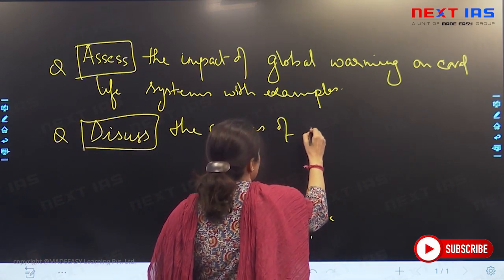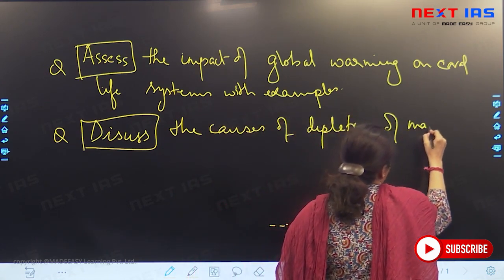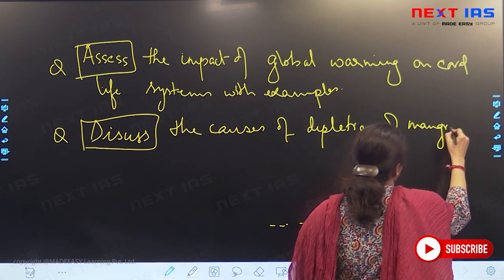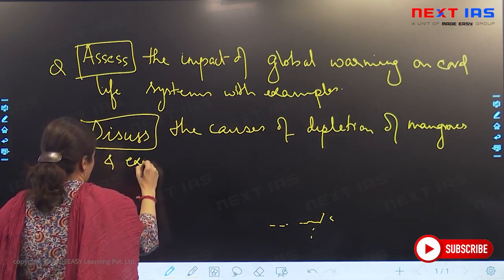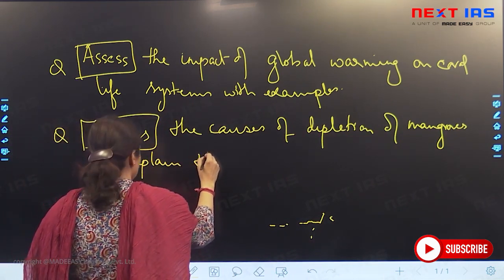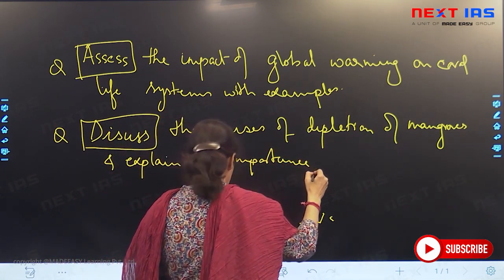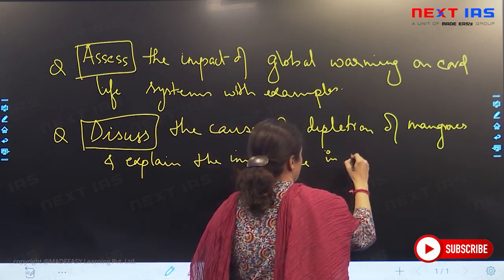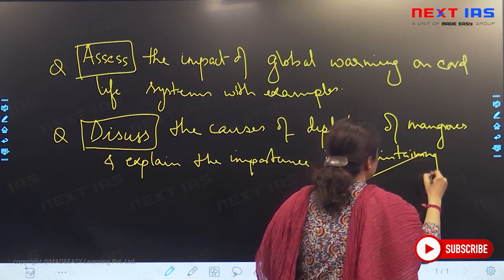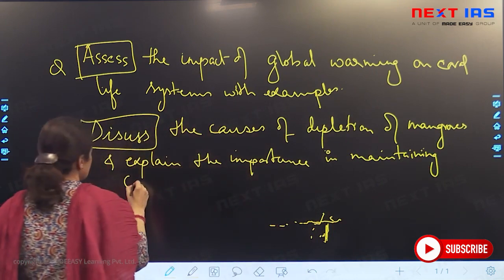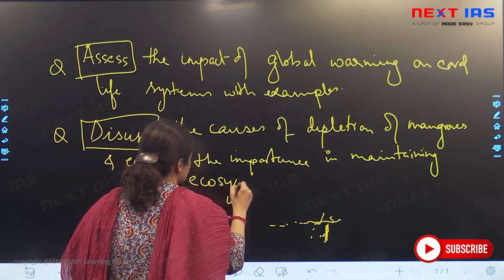Discuss the causes of depletion or deflation of mangroves and explain their importance in maintaining the coastal ecosystem.